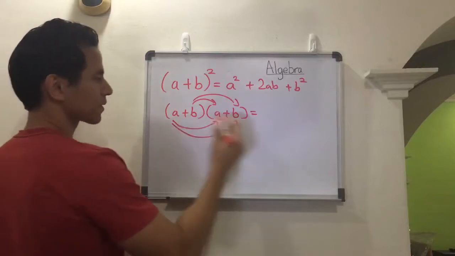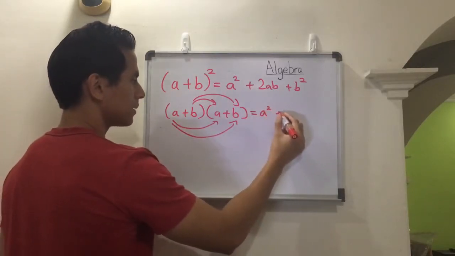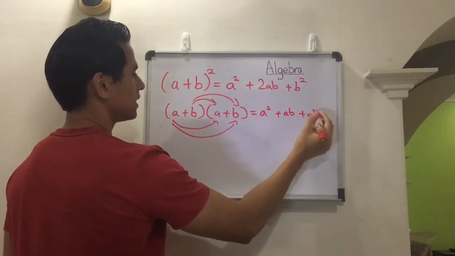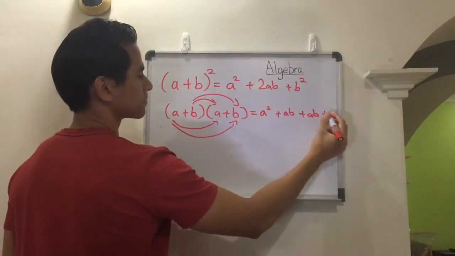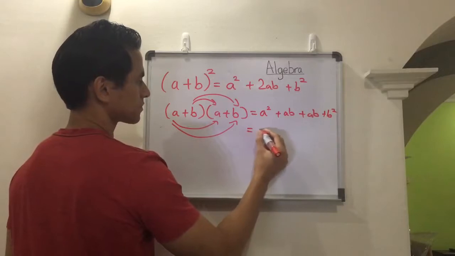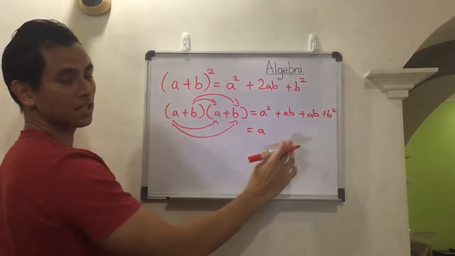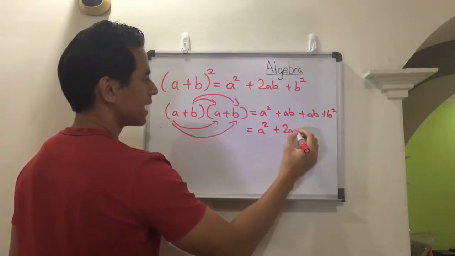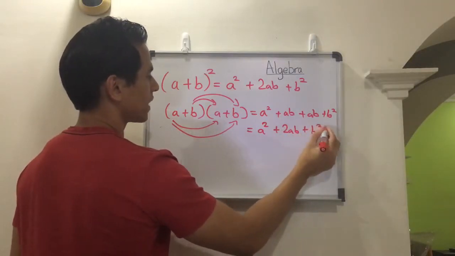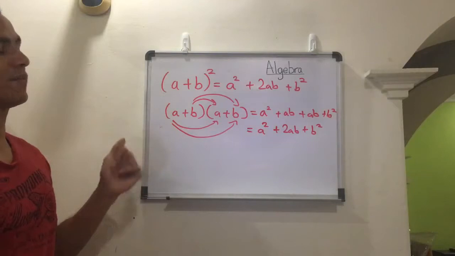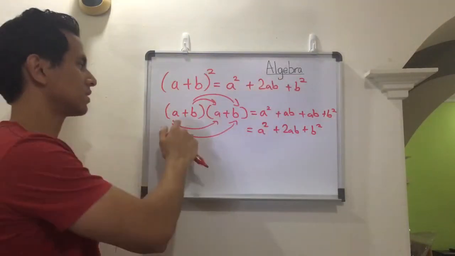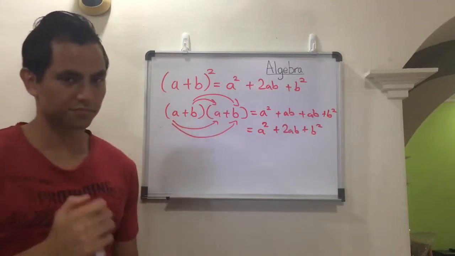So this will give me a square plus ab, and then plus ab, and then plus b square. These two can be simplified further, so we get a square plus 2ab plus b square. Okay? So there we have it. If you forget what (a plus b) square is, you can always just expand it and get the answer again.